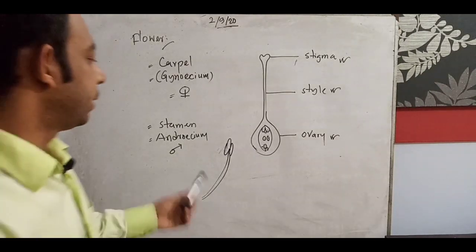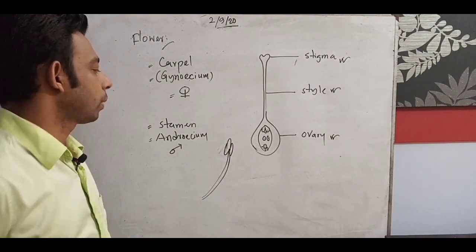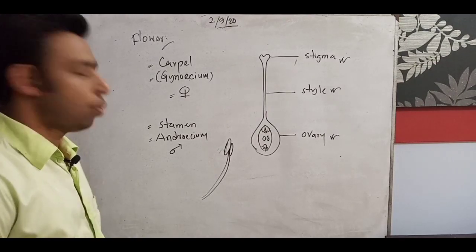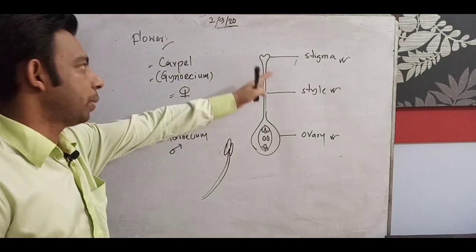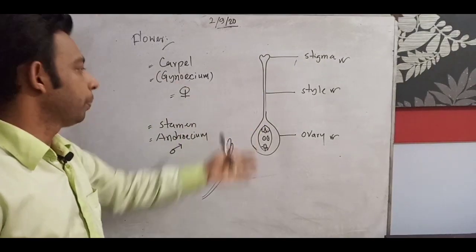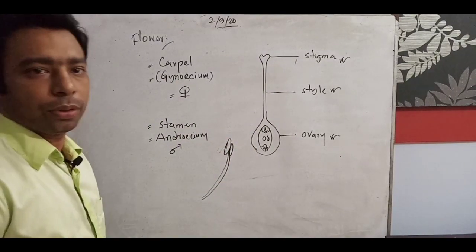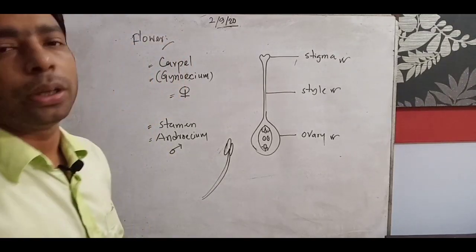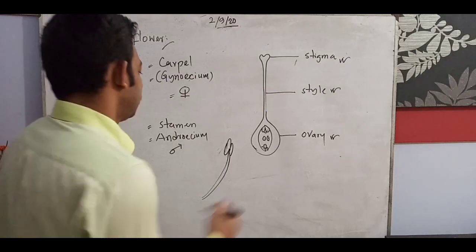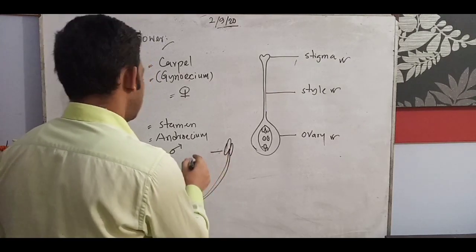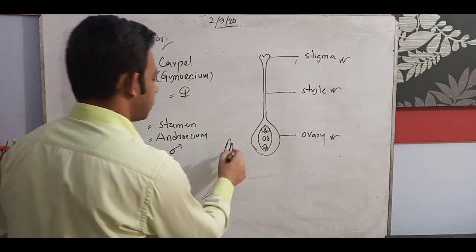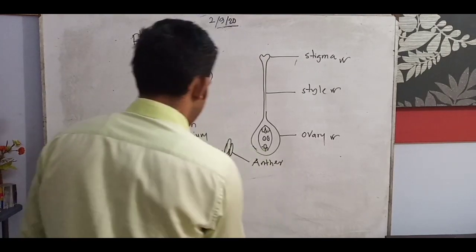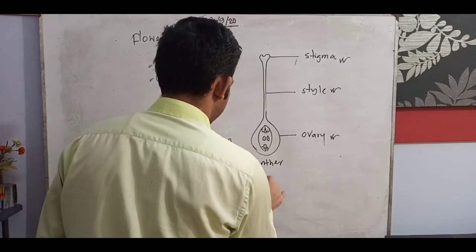So look here, what is this? These have three parts: stigma, style, and ovary. Okay, and in the case of the androecium, this one is known as the anther, and this one is the filament.